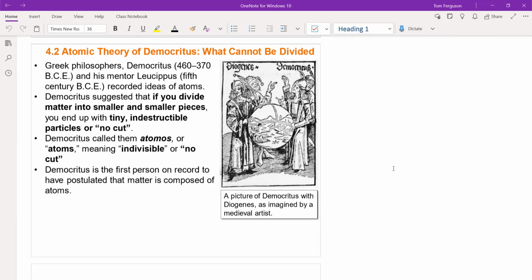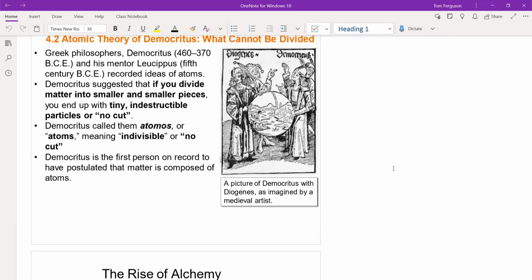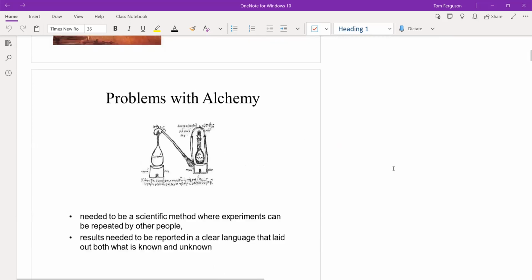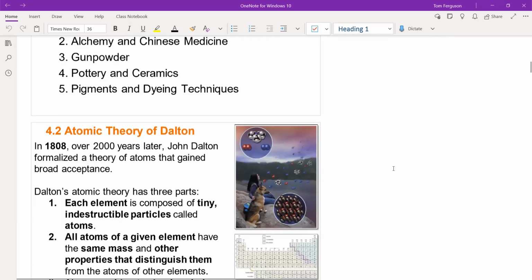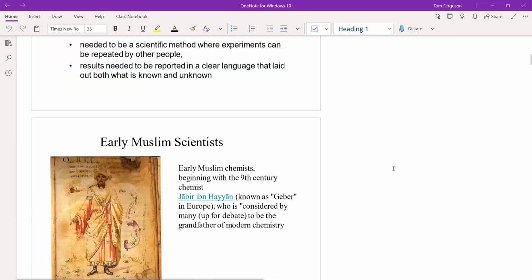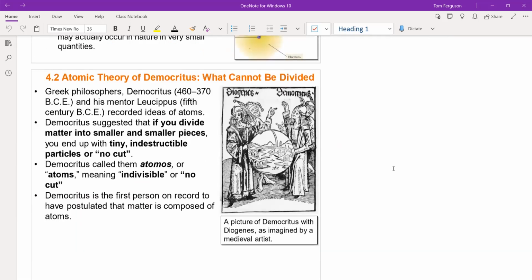Now, at the time, there were some philosophers around with political influence. These, by the way, are not in your book. Well, dadgummit, a guy named Aristotle came up with some different ideas about matter.